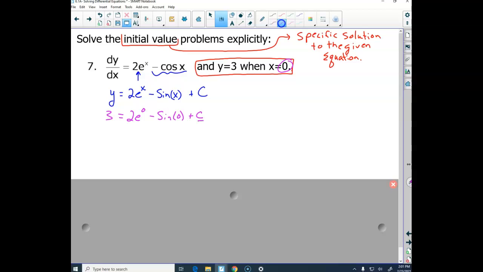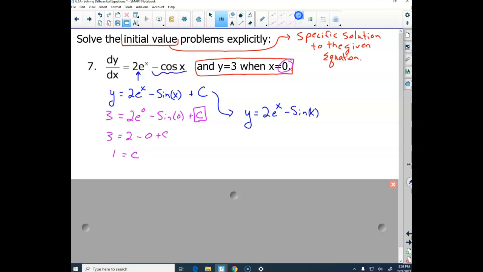And I'm going to solve for this guy. So that's going to be 3 equals, well, e to the 0 is 1 times 2 is 2, minus the sine of 0. What's the sine of 0? It's 0 plus c. So c must be equaling 1. That means my particular solution here, y, is going to equal 2e to the x minus sine x.